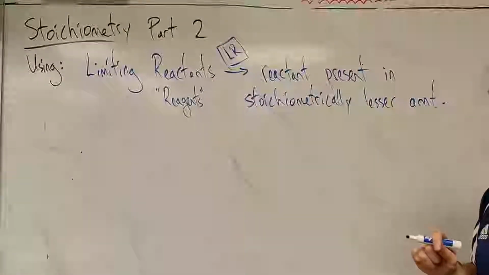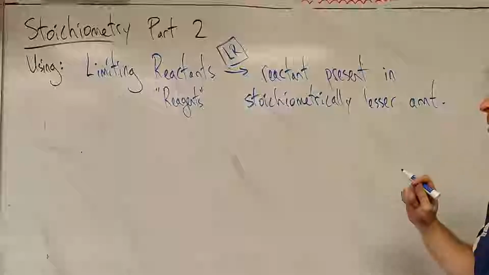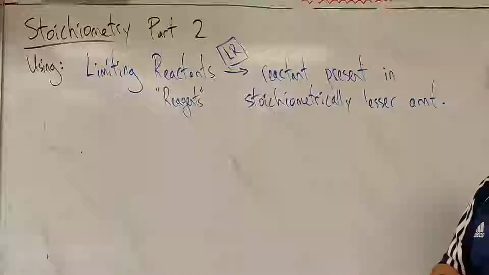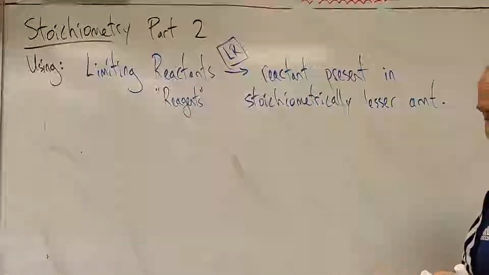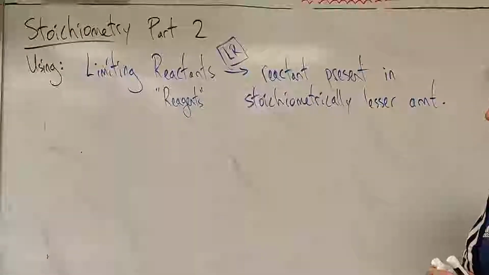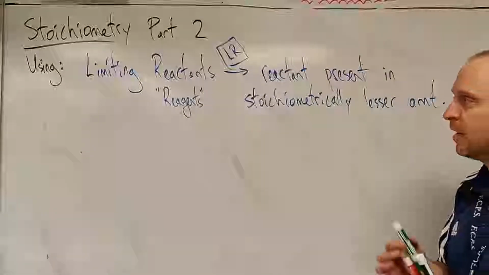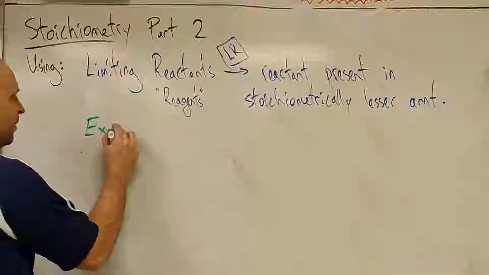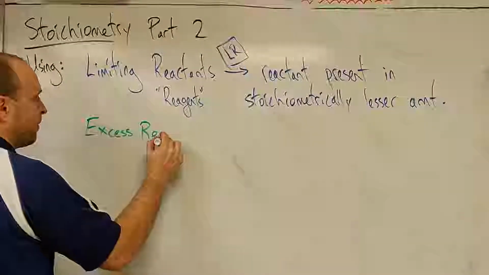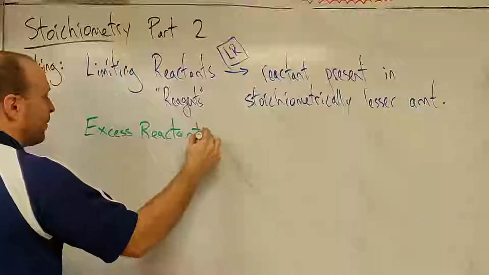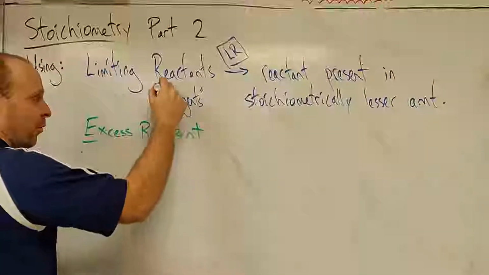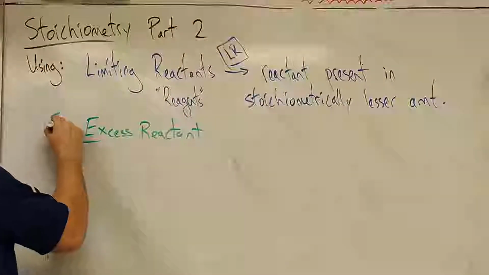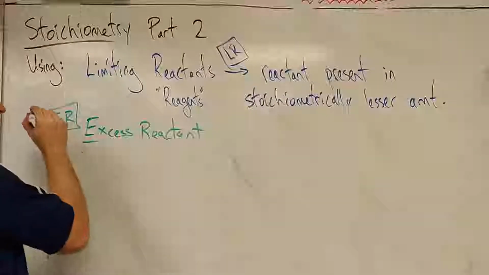These words look scary, right? Stoichiometrically lesser amount. Well, you have to include the ratio. That's the key. It's not necessarily the one you have less of. It's the one you have proportionally less of. So with that, we have the idea of an excess reactant, and obviously you could say reagent there as well. I'll abbreviate that ER for excess reactant.